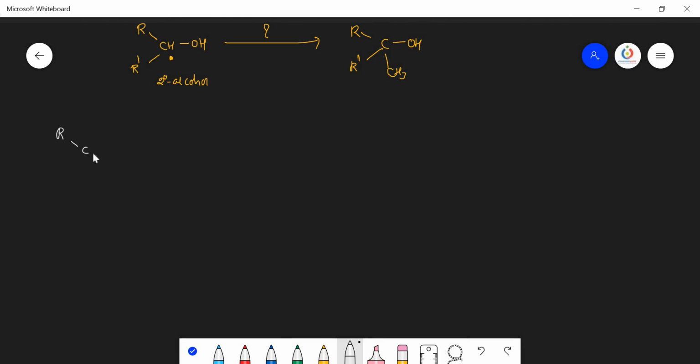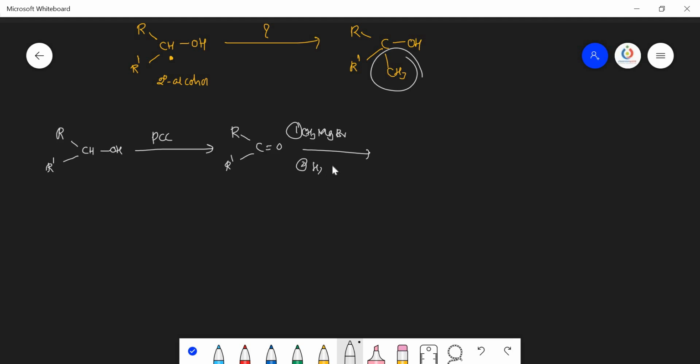So here let us see secondary alcohol, CH R dash OH, just subject with the PCC or DMS, whatever it may be. So you will get the ketone. This ketone, because we want one extra methyl group, so use the Grignard reagent. Step 1. Step 2, H2O and H plus.